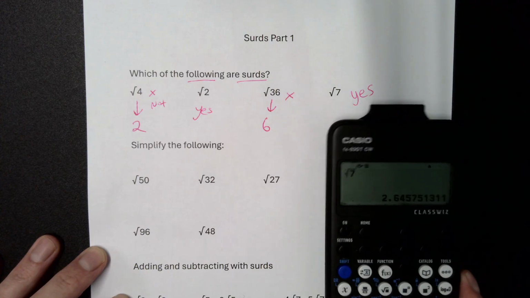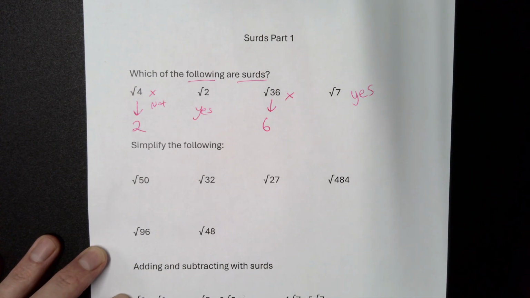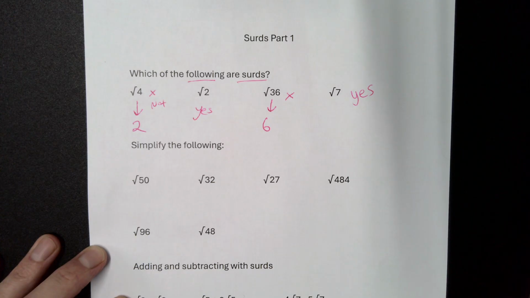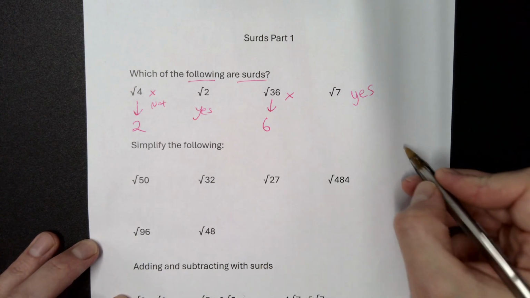Okay, now we also have to simplify a surd. So we're saying what square numbers can fit into each of these and how many times does it occur. So as we are going through these, you should, down the side, just write out the square numbers.